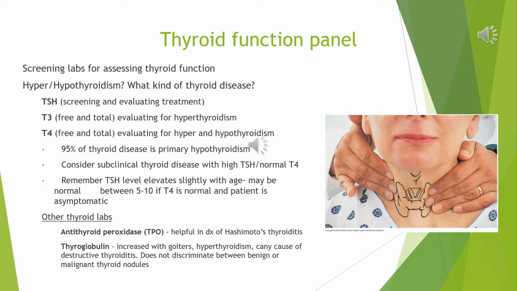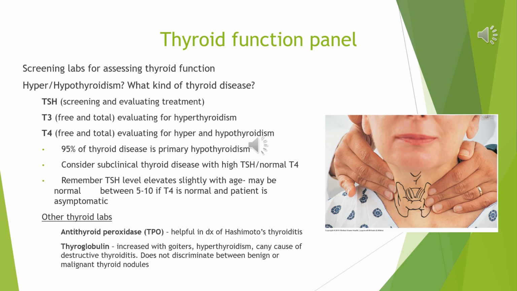Again, if the patient's not really symptomatic and maybe they're a little older, you really want to consider, is this really necessary, to put them on this hormone and shut off their own body's production of hormone if the circulating levels are pretty normal. Depending on your patient, there are a lot of studies that contradict each other, so it's got to be case by case and based on your patient.